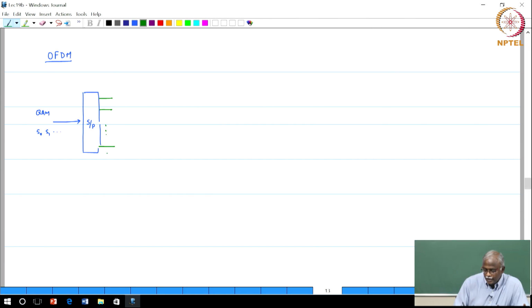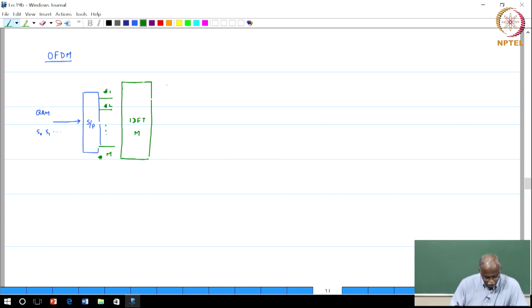Let's say that there are m parallel streams, so this is number 1, number 2, this is number m. And what we do next in the OFDM transmitter is that you take an m point IDFT. This is an IDFT of size m.